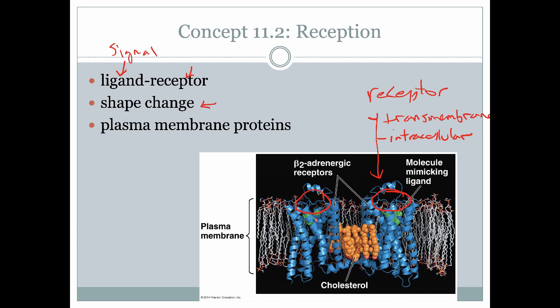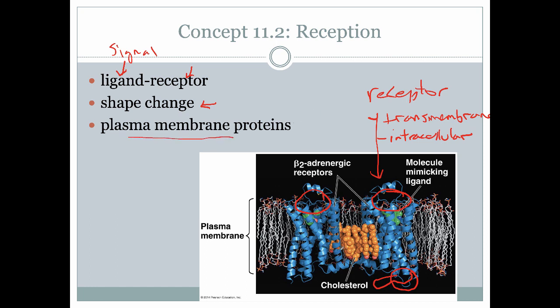Now sometimes it's not dramatic, so this thing might just change a tiny bit. For example, this loop down here might stick out instead of sticking down. And it's that shape change which is the event necessary to transduce the signal. So when ligands bind to receptors, they change the shape of receptors, and that is the first step of cell signaling.